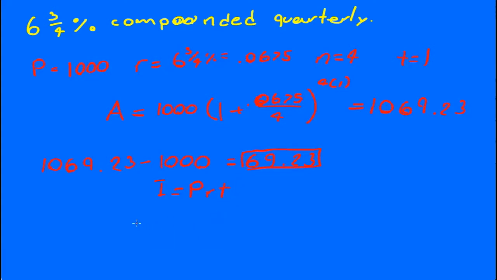Then we just solve for R. 69.23 equals 1,000 times R times 1. So R would be equal to 69.23 over 1,000, which is equal to 0.06923, times 100 gives us our rate, 6.923%.